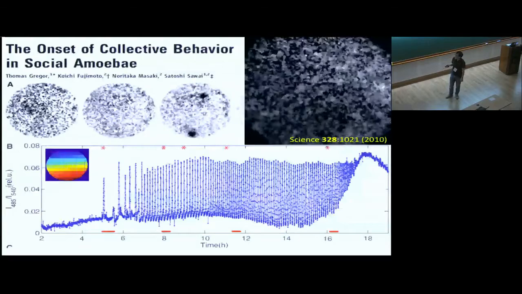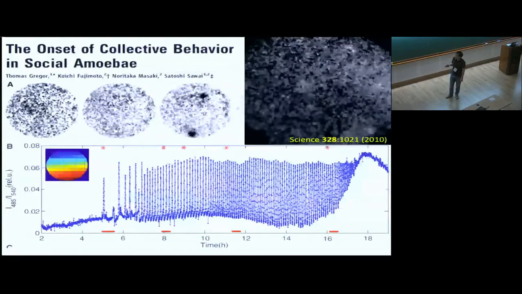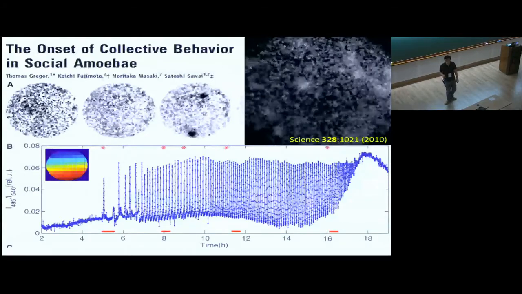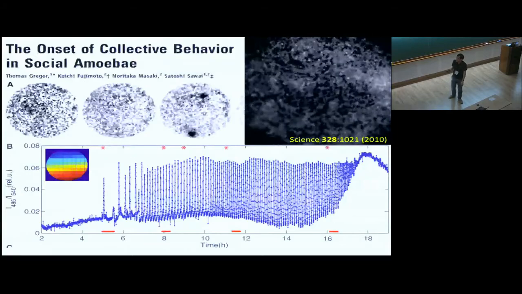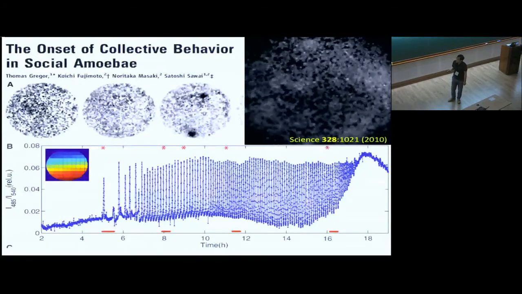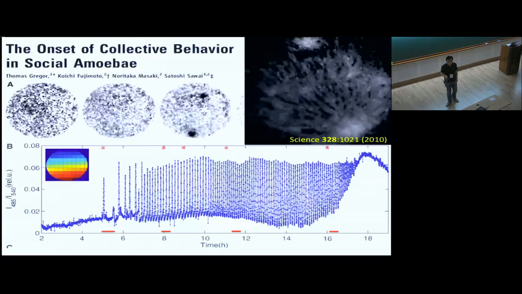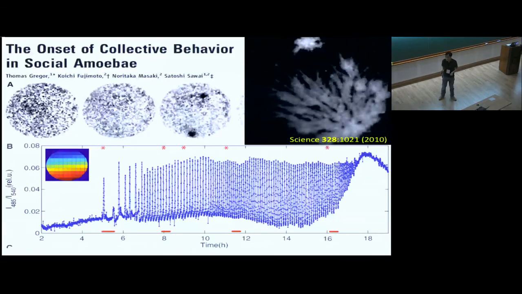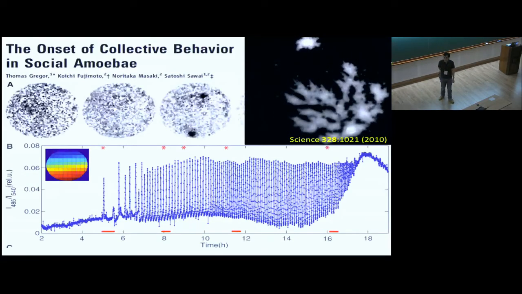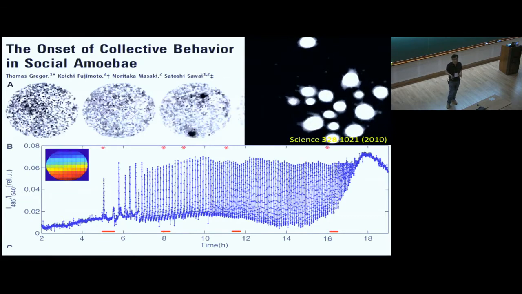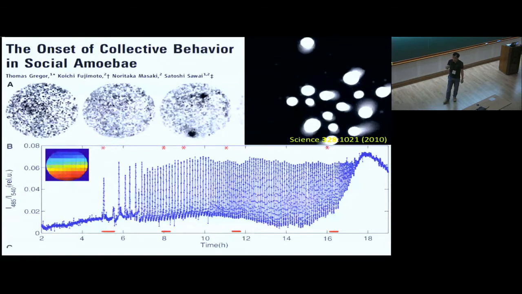And this is another example which has been published by Thomas Gregor's group at Princeton and his collaborators about Dictyostelium. And you know, the Dictyostelium have a very interesting life cycle. At a certain stage in their life, they actually have to send out signals to each other and then aggregate and form a spore and then go elsewhere.